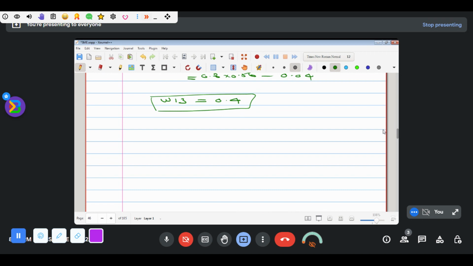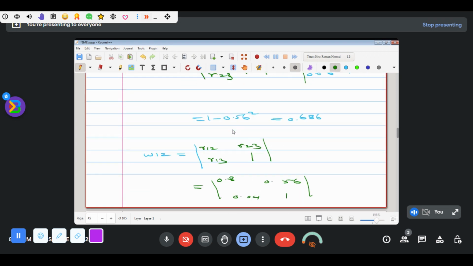Okay. Then x1 minus x1 bar. The x1 bar result is 28.09, correct? Into omega 1 1. What is the omega 1 1 value?